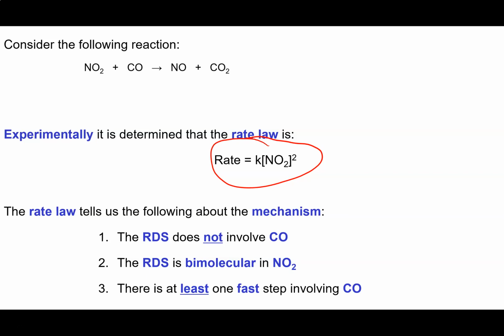So what can we learn about this? Well, one of the things we'll know is that the rate determining step of this reaction doesn't involve carbon monoxide, because if it did, it would appear in this expression. Right? So that's something that we know.